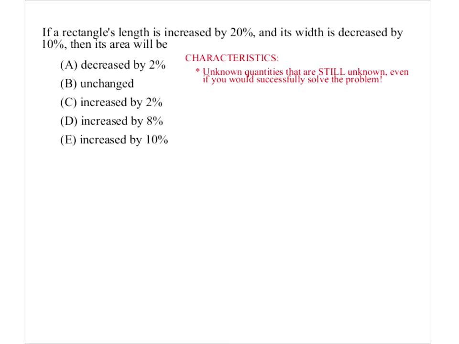Like in this case, we don't know what these are. We have no idea what the rectangle's length is, and we have no idea what the rectangle's width is. And even if we solve the problem, we still don't know what they are. So, important now: even if we can solve the problem, we still don't know what these are.